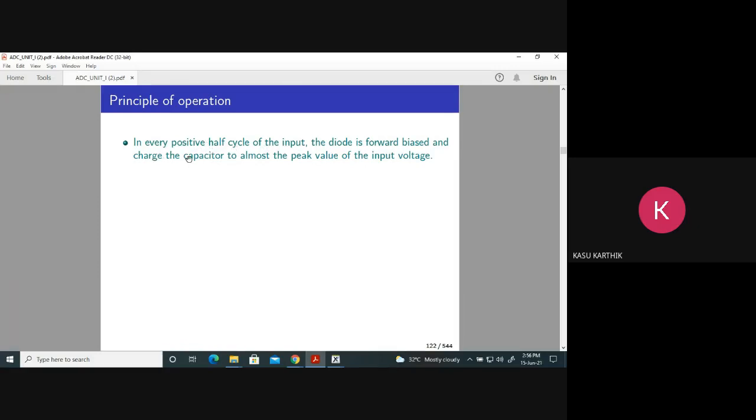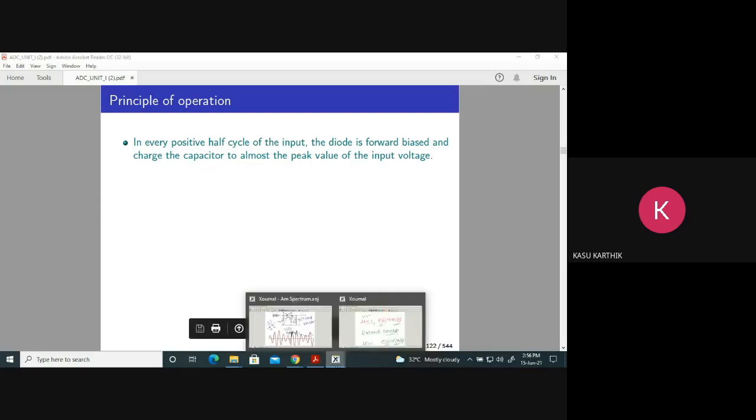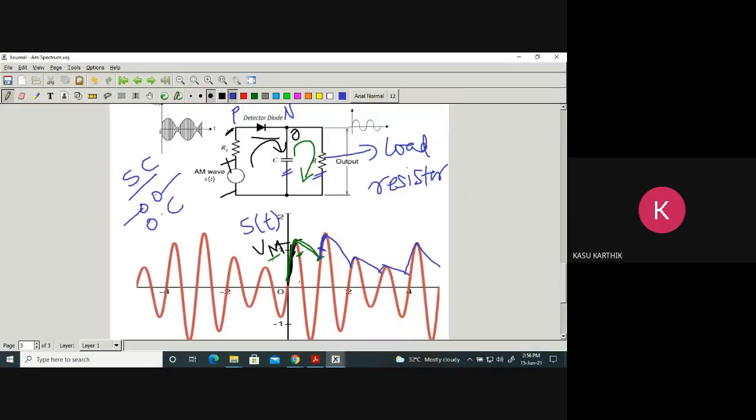In every positive half cycle of the input, the diode is forward biased and charges the capacitor to almost the peak value of the input voltage. In every positive half cycle, the capacitor charges up to the peak value of that particular half cycle. Then in the negative half cycle, it discharges.